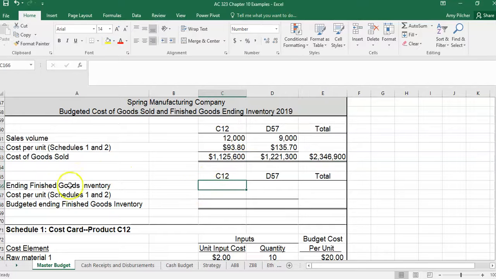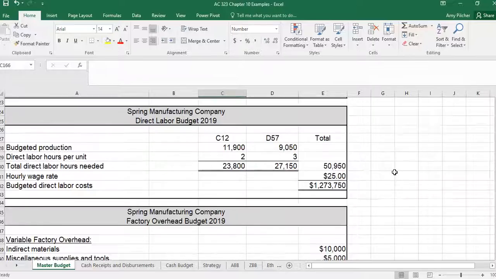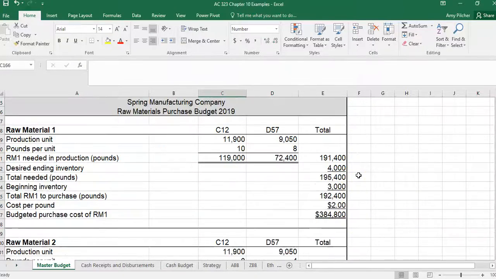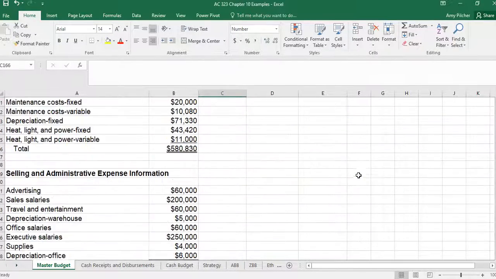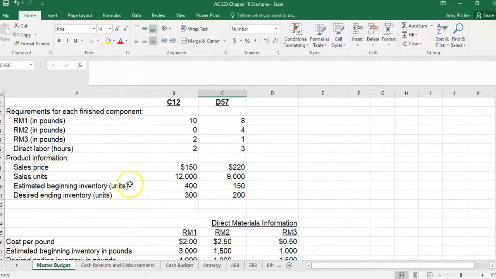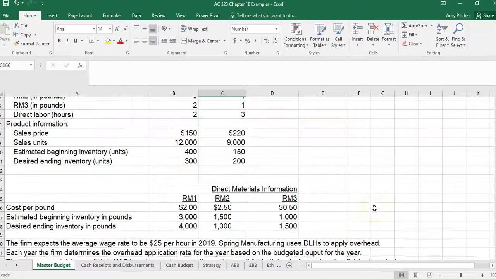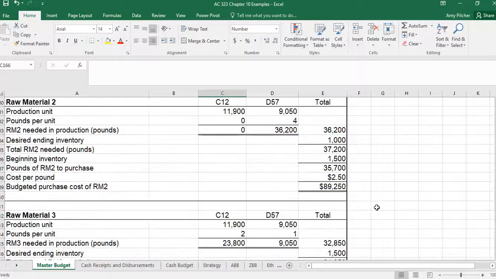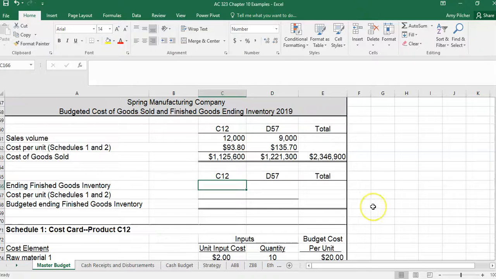Then we have our amount in ending finished goods inventory. So in our ending finished goods inventory, we wanted 300 of C12 and 200 of D57.